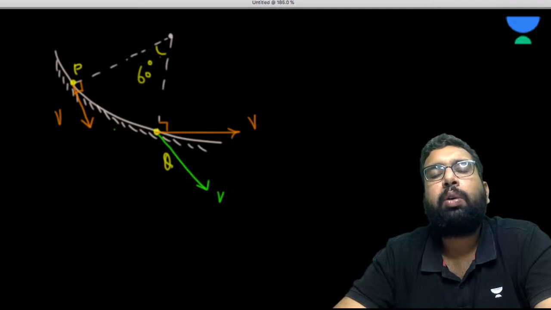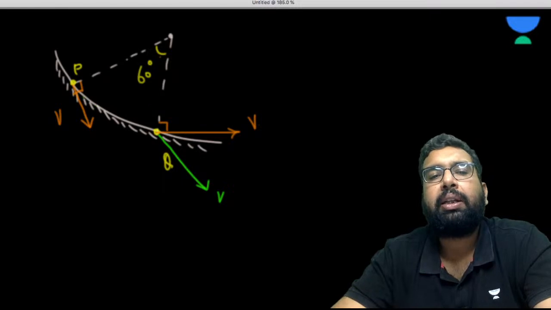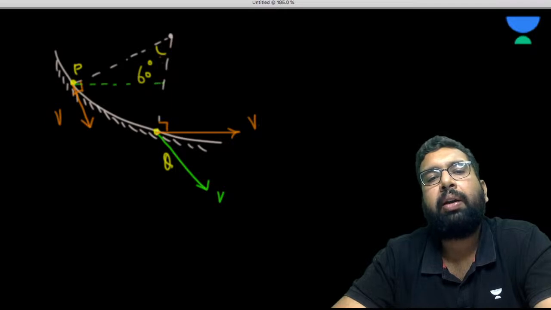Now, what is going to be the angle between these two? So see, this is 90, this is 60. If I extend a perpendicular here, this is going to be 90, 60.